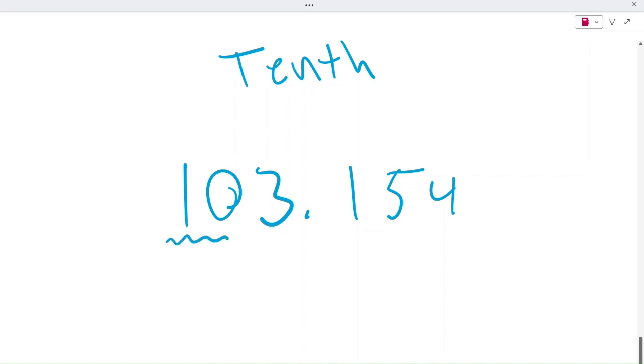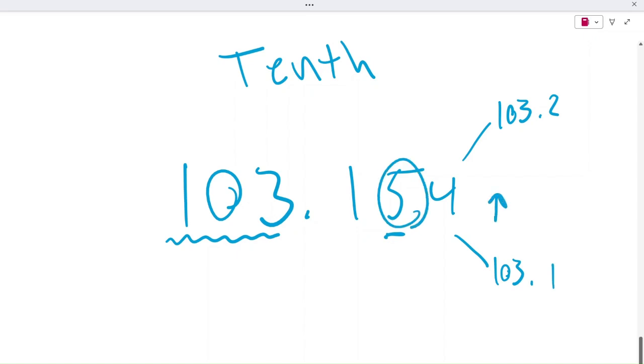Now this 103 might look confusing, but since we're rounding to the nearest 10th, we completely ignore the number on the left of the decimal. We still look at the 5, so we can get 103.2 or 103.1. We know the 5 will round up, so we get 103.2.